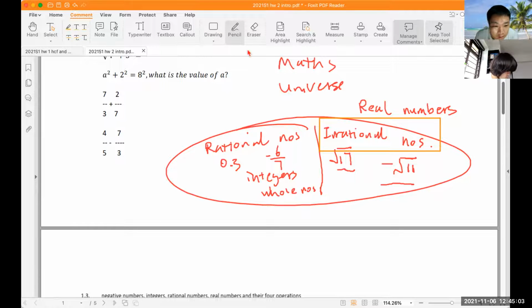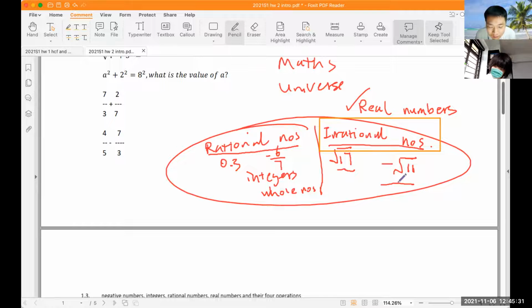So real numbers, you split them into rational numbers and irrational numbers. Irrational numbers exist for a reason: it's for you to represent some indefinite answers, like 3.222222222.